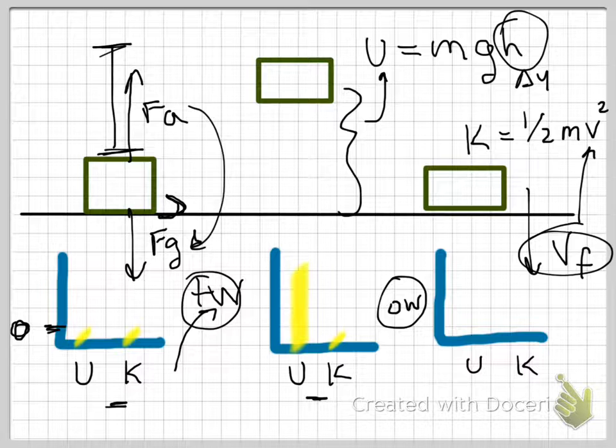I obviously have zero potential because it is just about to hit the ground. However, all of the energy that I had before, every single piece of energy that was potential, must now be converted into kinetic energy because it's just about to hit the ground.